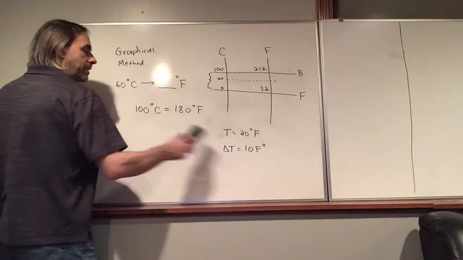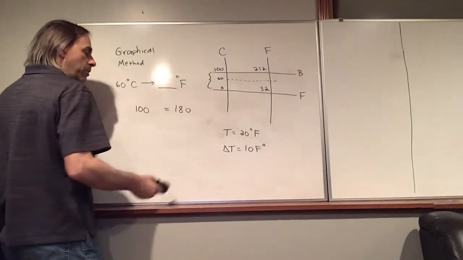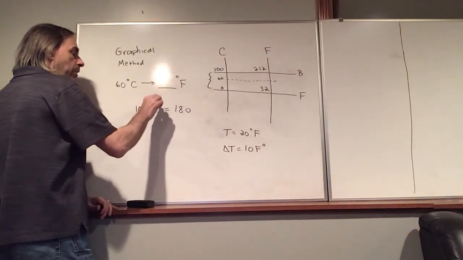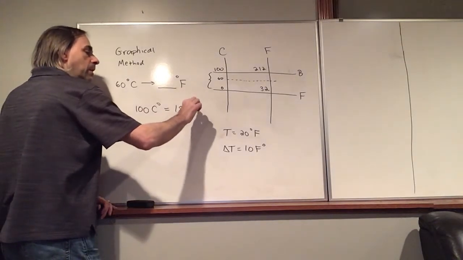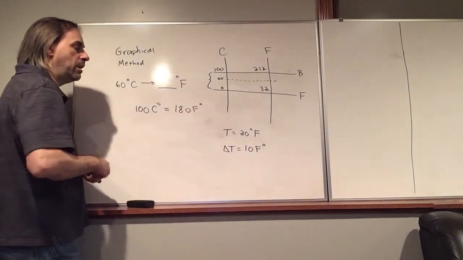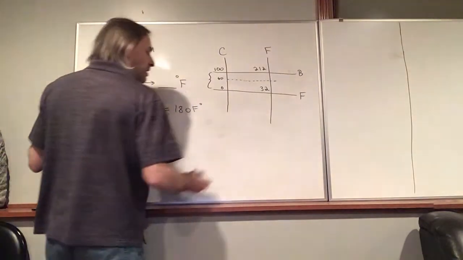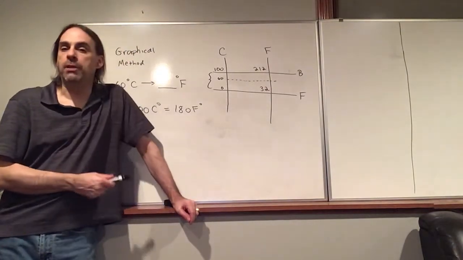But I like this idea of rewording it and having separate notation. And so now, without any confusion arising, we can say 100 Celsius degrees is 180 Fahrenheit degrees. So just the notation itself implies that we're talking about changes.